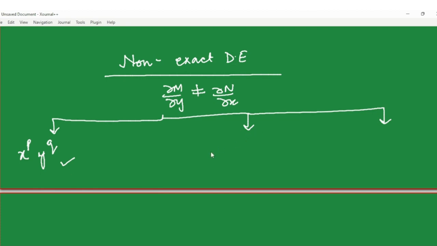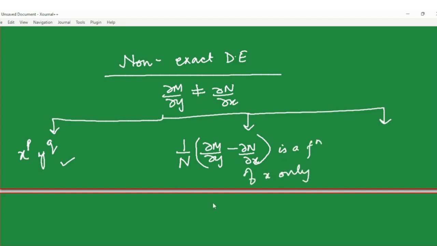Now the second rule is that you take the difference of these two partial derivatives, and you divide it by the second expression, so 1 by N should appear here, and if it is a function of x only, let's say call this function P(x), then e to power integral P(x) dx is going to be an integrating factor.